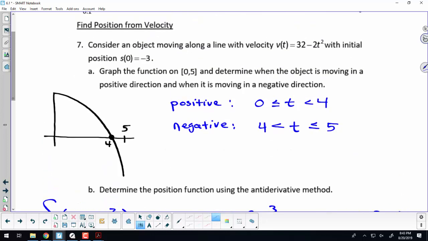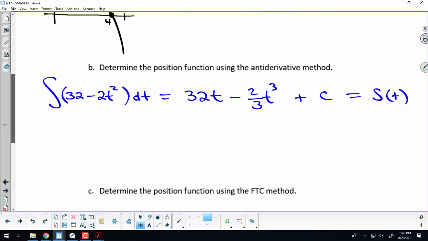Initial position, s of 0 equals -3. Here the constant's going to be -3 because we're just dealing with a polynomial. Everything zeroes out. If you're dealing with trig functions or logarithms or exponentials, not all things zero out just because you put a 0 in, right? So just s of 0 equals -3 to find c.